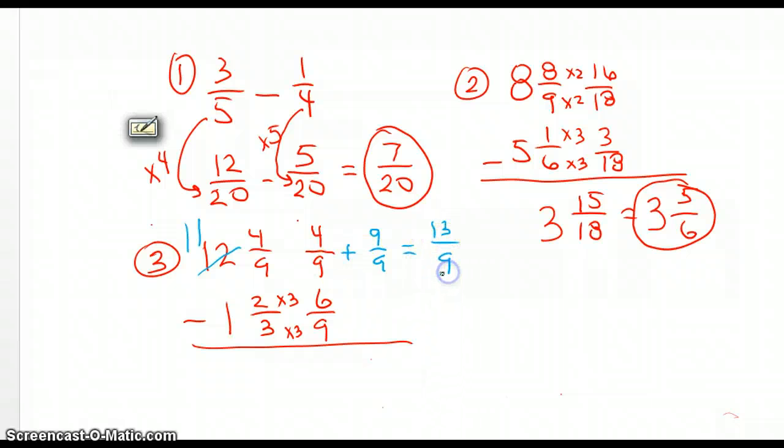Keep your 9. But now we can take 13 minus 6. Okay, that's possible. 13 minus 6, of course, would be 7/9. And now we're going to do 11 minus 1, which would be 10. And then that can't be simplified anymore. So it's 10 and 7/9.